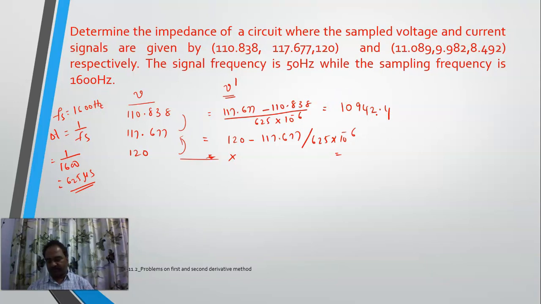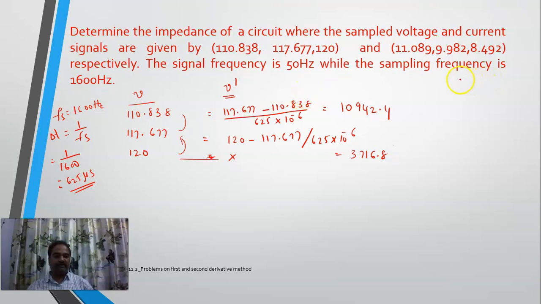The next one is 120 minus 117.677 divided by 625 into 10 to the power of minus 6, which is 3716.8. So these are the V dash values.